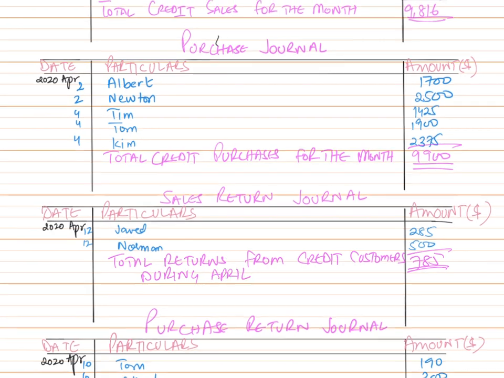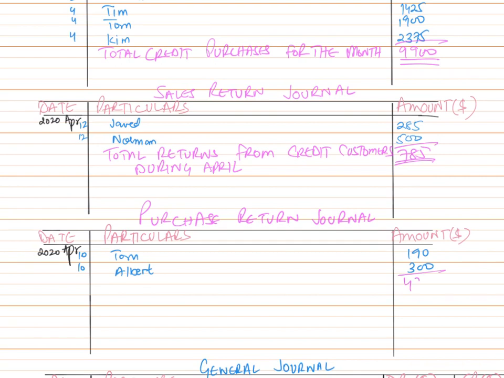Similarly, this is 490, so you can write total returns to credit suppliers during April or for the month.